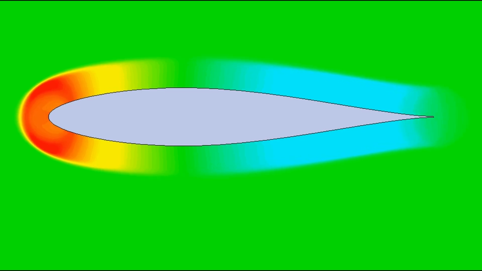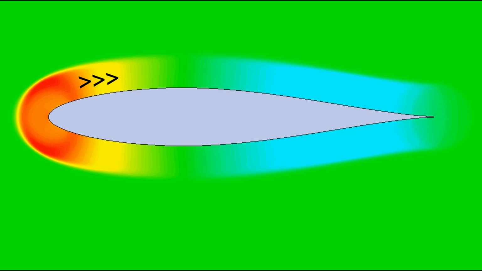But the airfoil keeps moving, which means it now flies into this affected air, and this leads to different relative velocities between the surface and the air molecules, and therefore another change in the pressure along the surface. While this is happening, the different pressures inside the affected layer of air start creating flow along the surface. Again, this means new relative velocities and further change to the surface pressure.